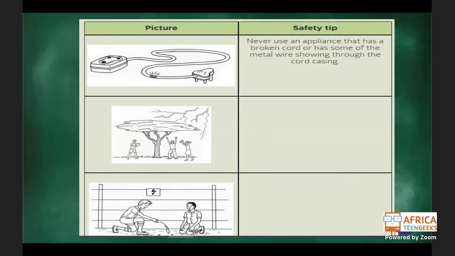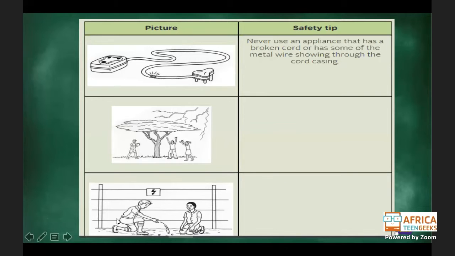Sorry about that, Amanda. Okay, good. What about these two boys here?